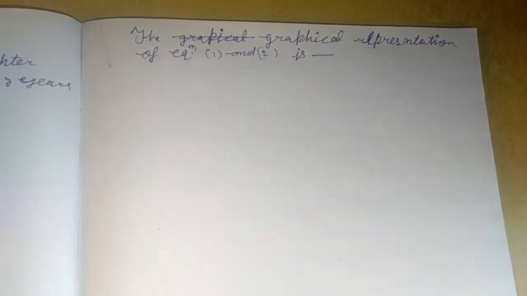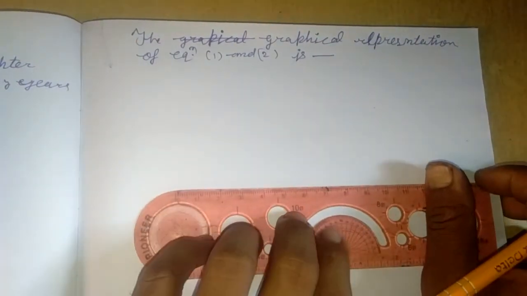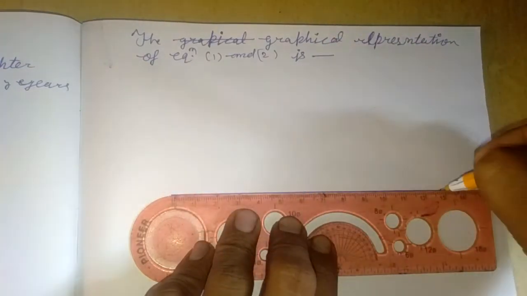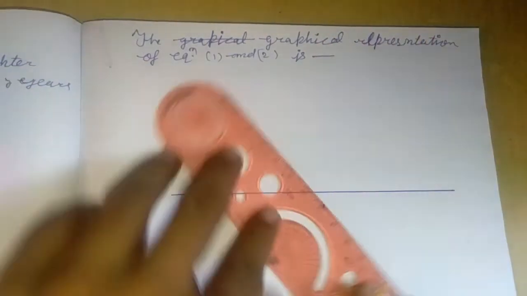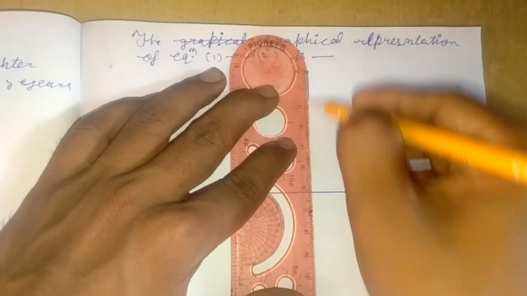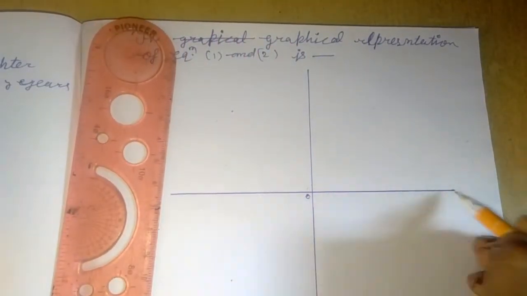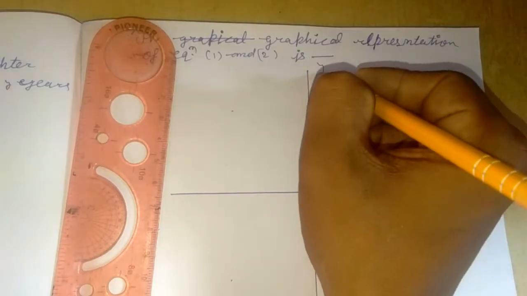For doing this, first we take the x and y plane, the xy plane, like in this way. This is the origin, x-axis, y-axis.